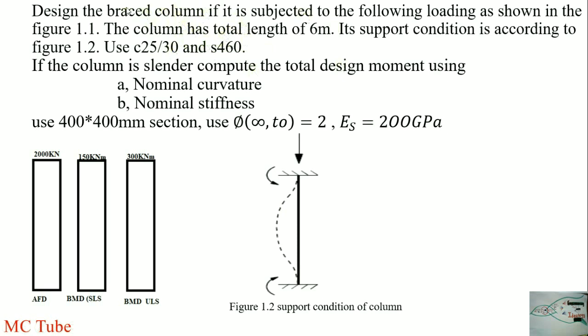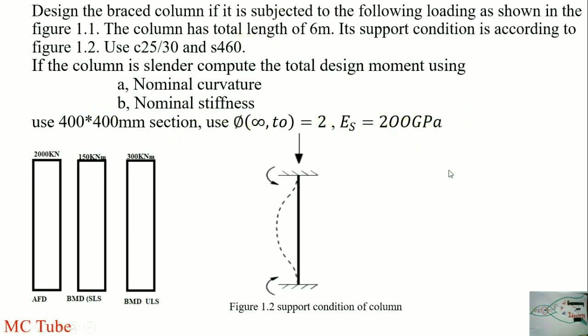If the column is slender, compute the total design moment using the nominal curvature and nominal stiffness methods. In this video, I will show you the nominal curvature method. On the next, I will show the nominal stiffness method and the difference between those methods.